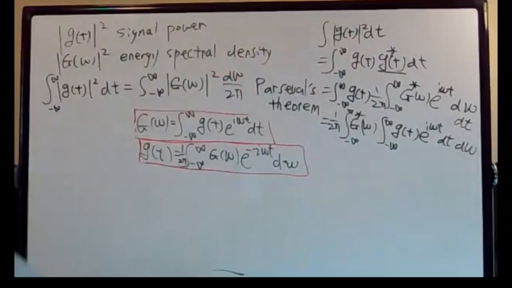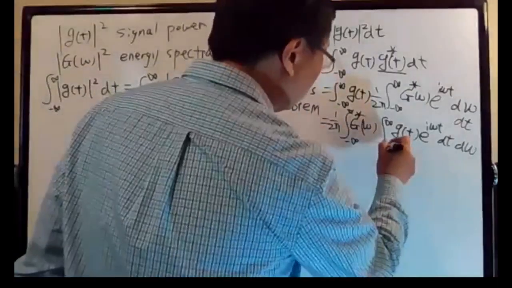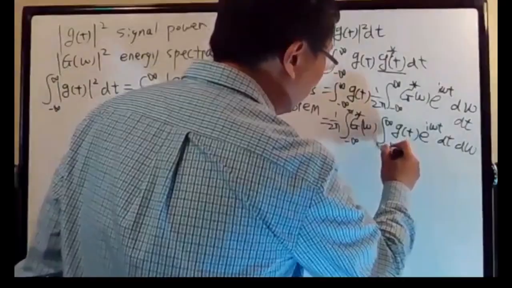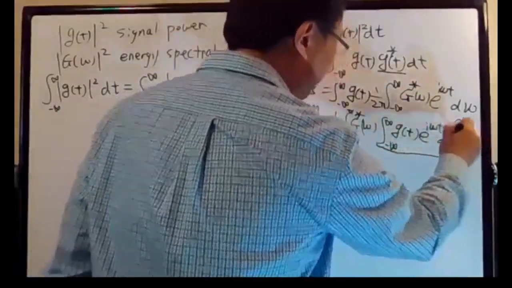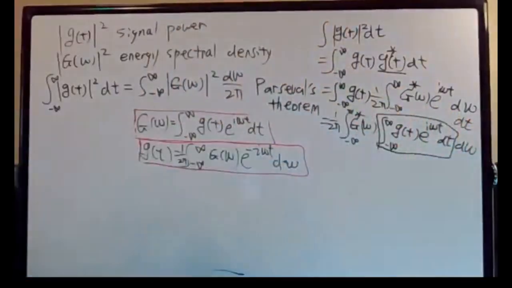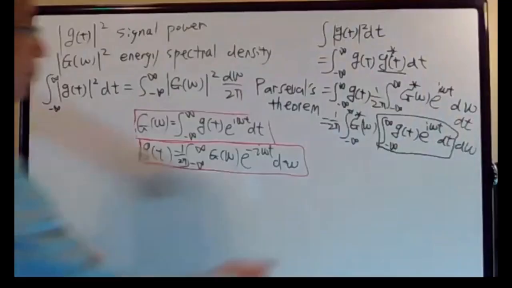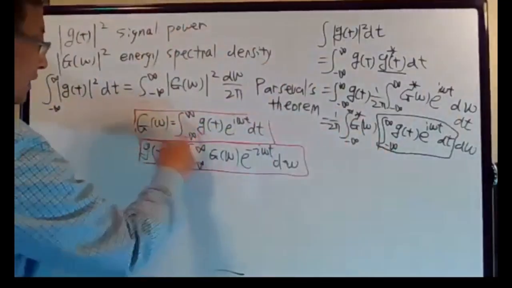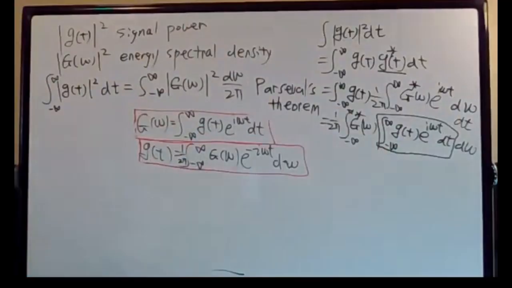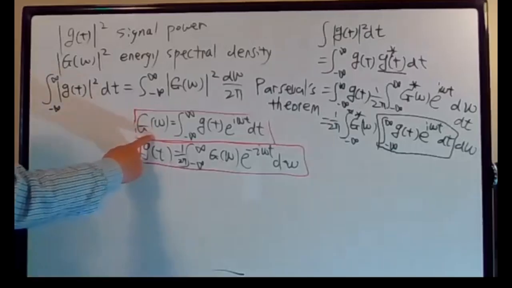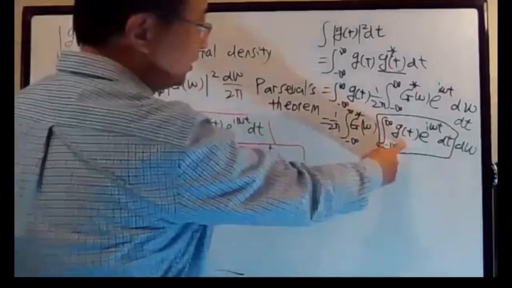Great. So now you will say, aha, we got this piece, and we compare it with our original definition. What is this? It's the capital G(omega).